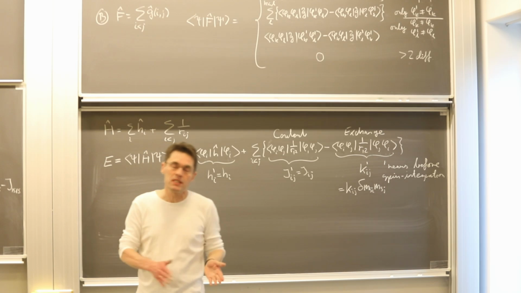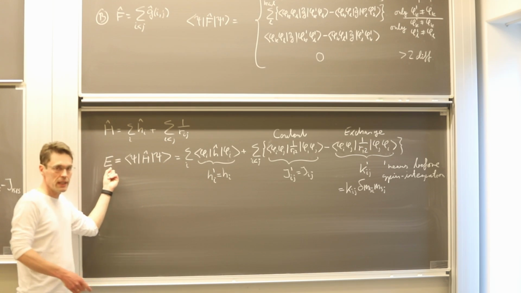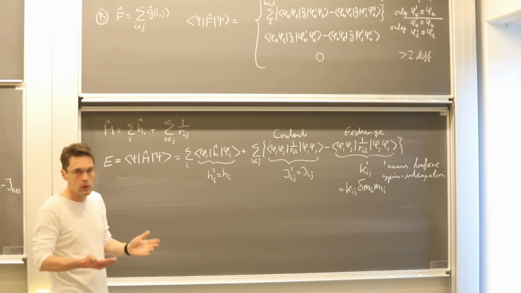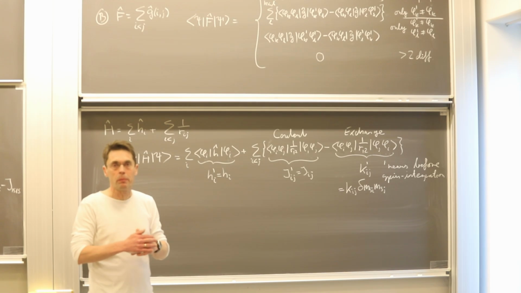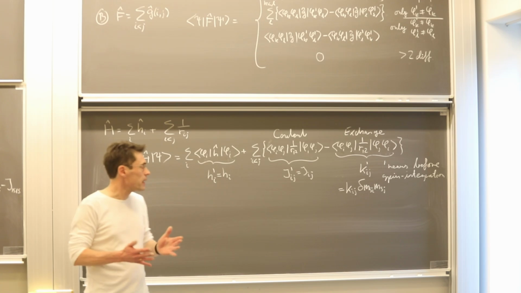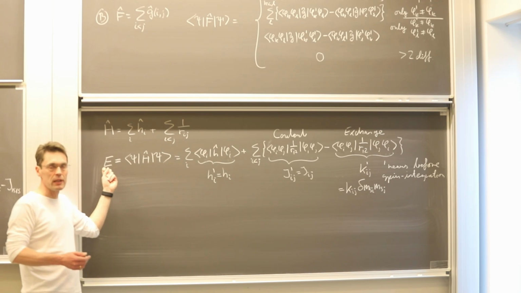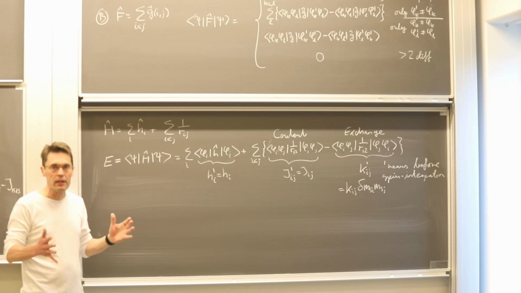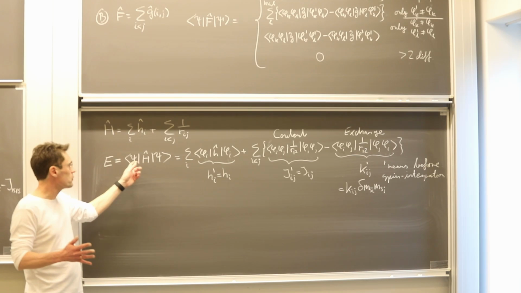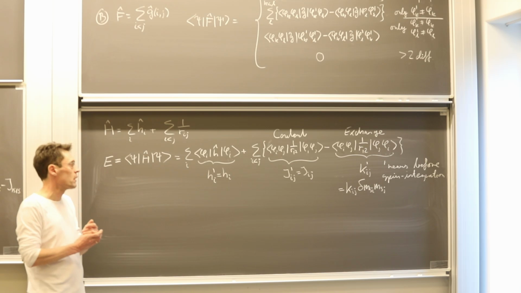So once we specify the Slater determinant, obviously we can compute this energy. And the goal is to find the best possible Slater determinant such that this energy is as low as possible, because we want to get as close to the real ground state as possible. So we want to find a Slater determinant which is a very good approximation to the actual ground state.